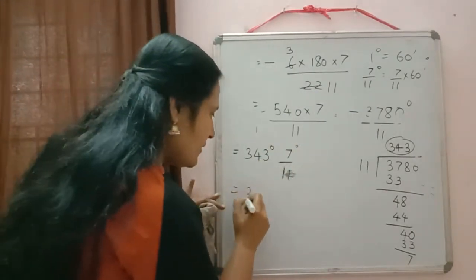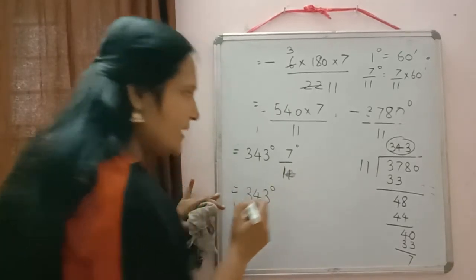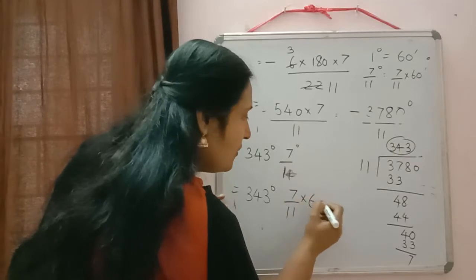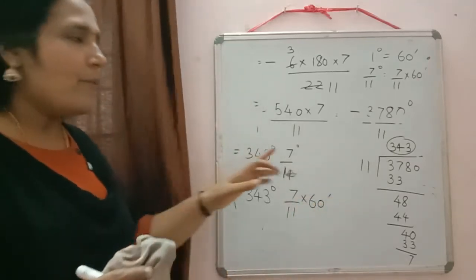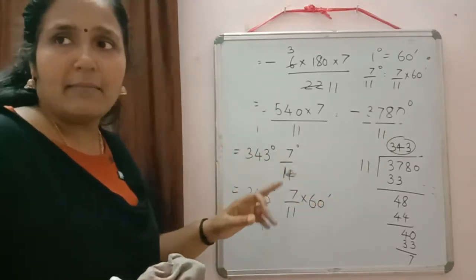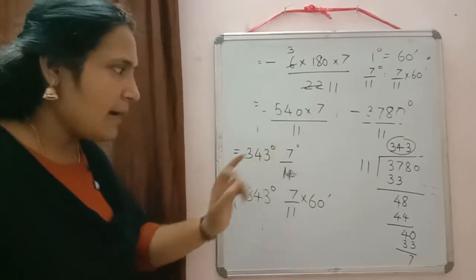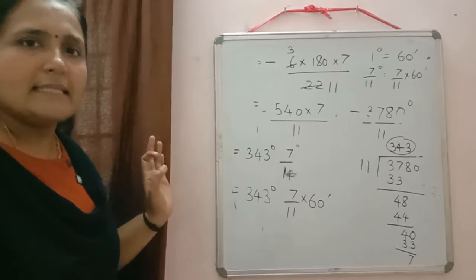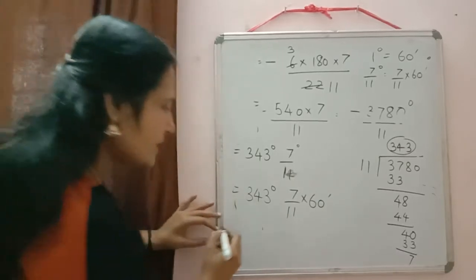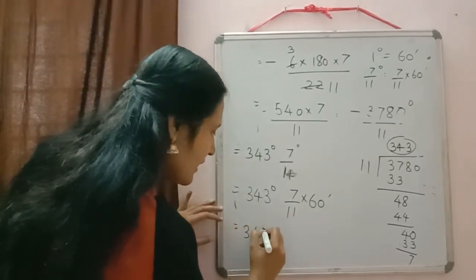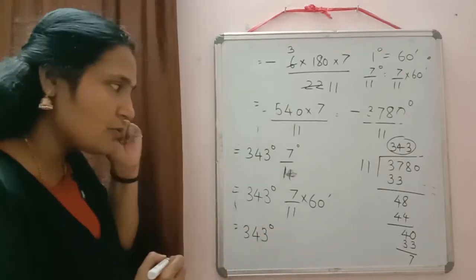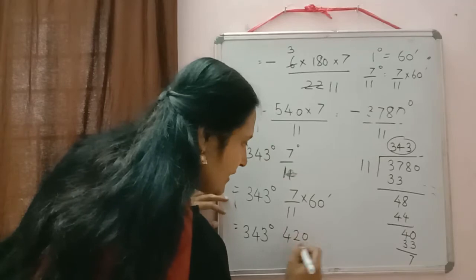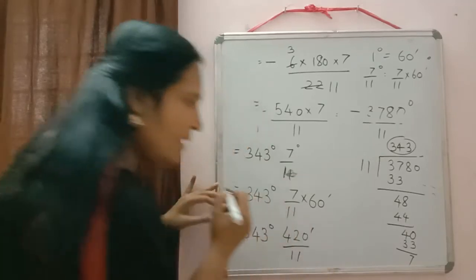Write down here 343 degree and 7 by 11 into 60 minutes. Here cancellation is not possible, so we will multiply. 7 6s are 42. So we get 420 by 11 minutes.